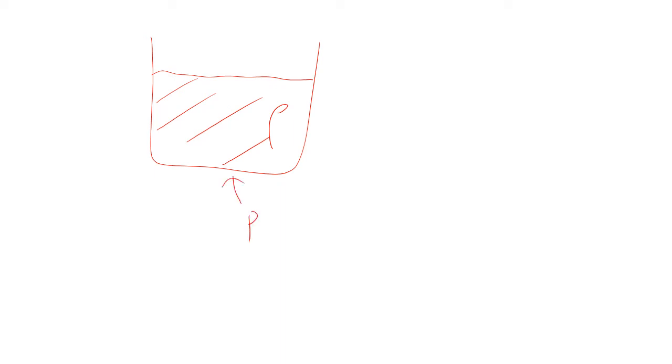So imagine that we've got a container right here, and it's got a fluid in there. The fluid has some density rho, and I want to know what's the pressure at the bottom here. Okay, well, it's going to be mg over the area.